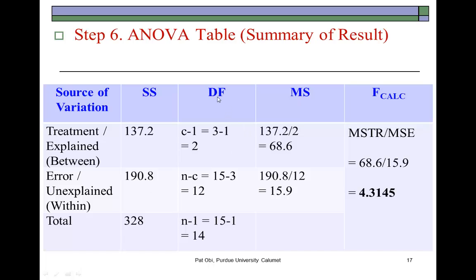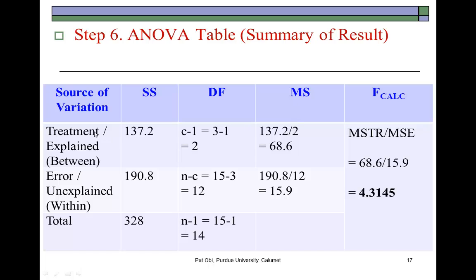The degrees of freedom for treatment is C minus 1, number of treatments minus 1, which in this example is 2. Degrees of freedom for error is N minus C, overall sample size minus the number of treatments. 15 minus 3 is 12. And finally, degrees of freedom for total is N minus 1, which is the overall sample of 15 minus 1 to give us 14.